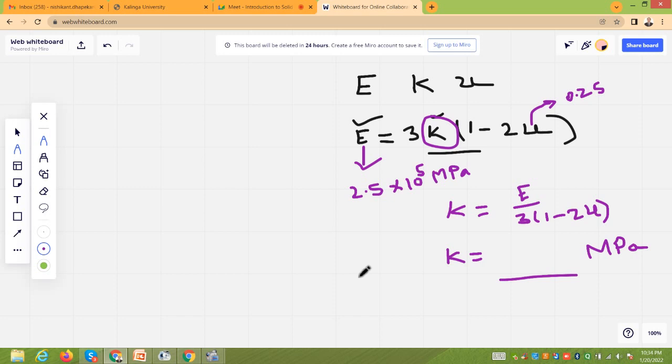It's very easy, students. One minus 2 mu, mu is 0.25. So 1 minus 2 into 0.25, this value is coming 0.5. 0.5 into 3.